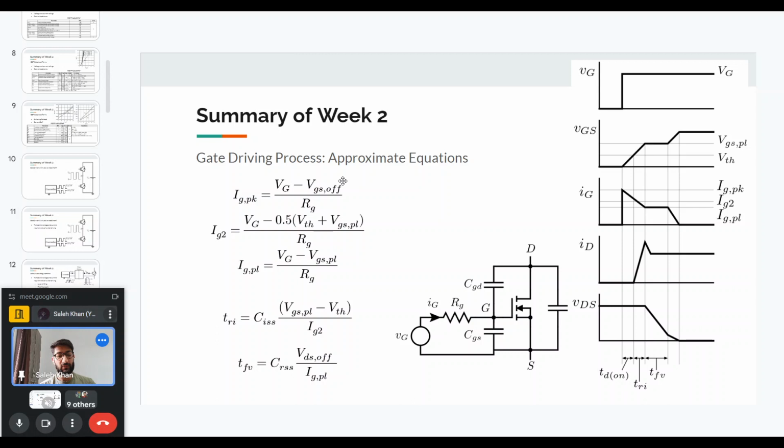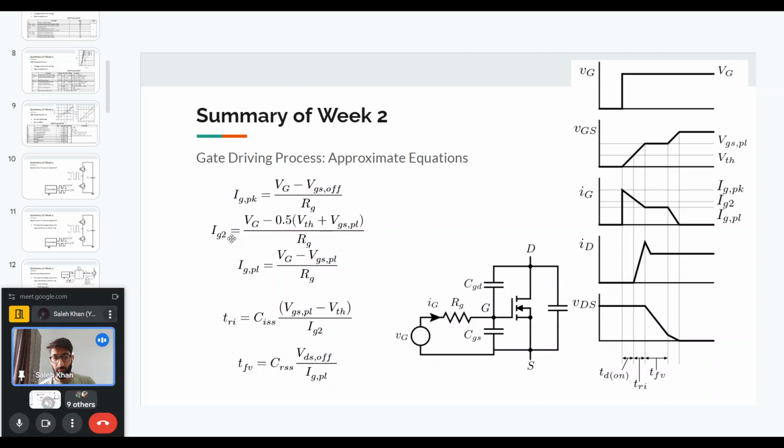Then we can also try to find the gate current during the portion where the drain current is rising. If we take exactly the midpoint of this region, this TRI portion, then at that point the gate voltage is between VGSPL and V threshold, so let's say half of VGSPL and V threshold, and we are applying the full gate voltage.